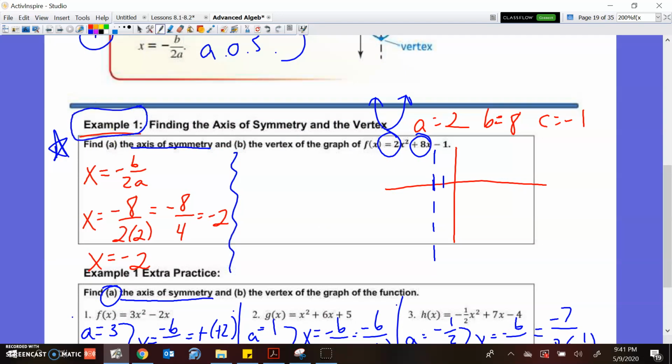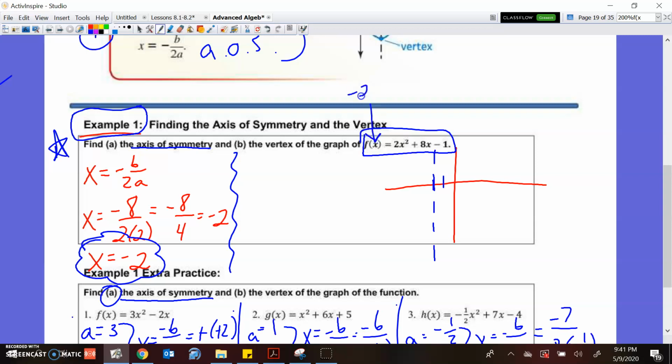We found this axis of symmetry. We said it's x equals negative 2, right? If I clear all that out, my equation is f of x equals all of that there. So since I know that x equals negative 2, I'm going to substitute negative 2 in for every x that I see.